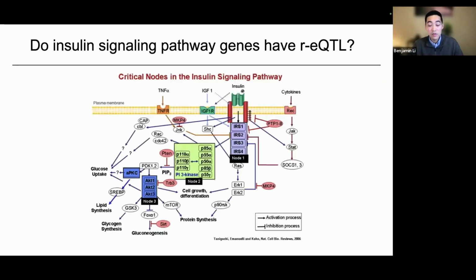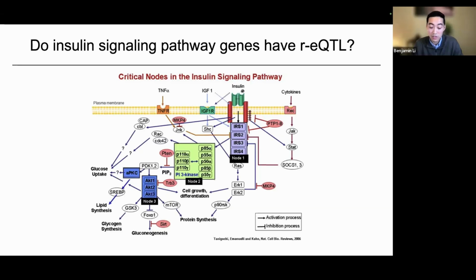Now, that was for GWAS signals, but there are also response eQTL for other genes that are not tied to GWAS signals. And because we're using an insulin stimulation, we can ask whether understanding eQTL in different contexts can give us insights into these genes, and particularly genes that may be associated with the insulin signaling pathway.